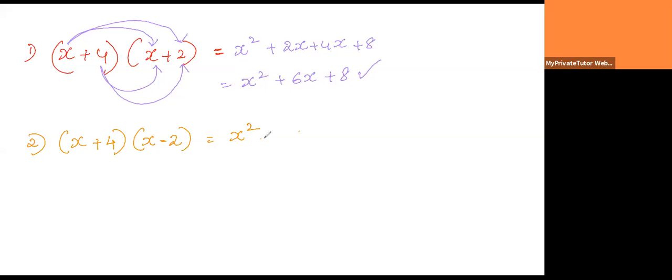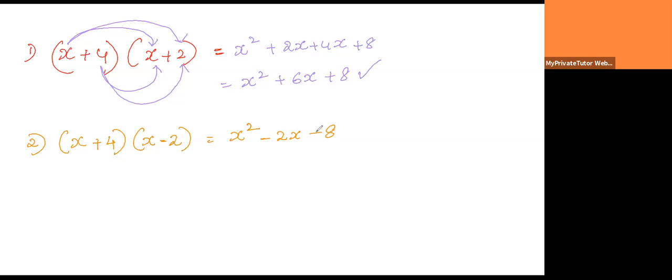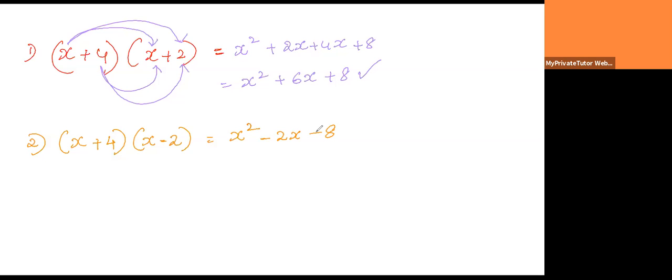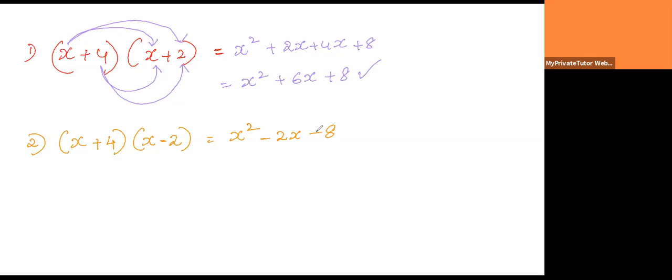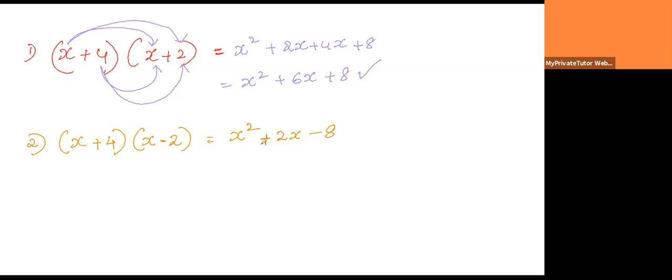You said minus 2x minus 8. Can you please check? I think you're almost there. I think you made a small mistake. Sir, it will be x squared plus 2x minus 4x minus 8. Sorry, repeat that again. Sir, it's meant to be plus 2x. Plus 2x. Excellent, excellent.